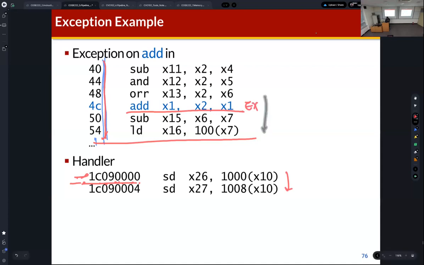If we see these instructions, let us assume that the exception is detected when the add instruction is in the EX stage, then the OR instruction is in the memory stage, and another instruction is in the write back stage, and the sub instruction is in the ID stage. The load word, a load instruction, is in the instruction fetch stage.